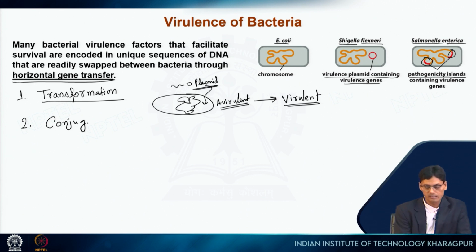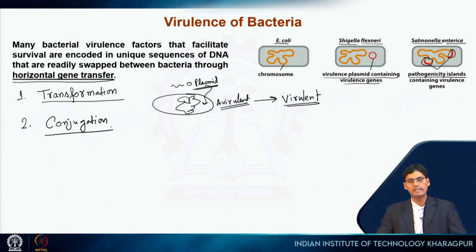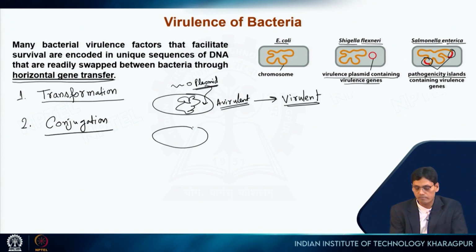Now, number 2, conjugation. So, conjugation is a process where bacteria are taking DNA directly from another bacteria, not free DNA from the surrounding. So, here what will happen, I would say, if this is one bacteria, it has its own chromosome, but again this is avirulent.